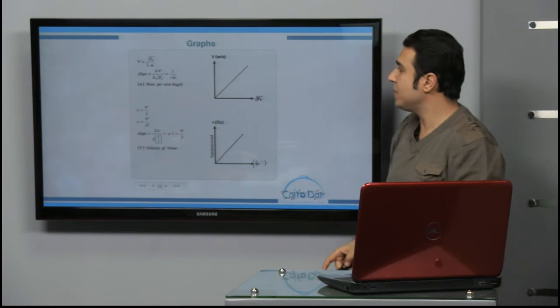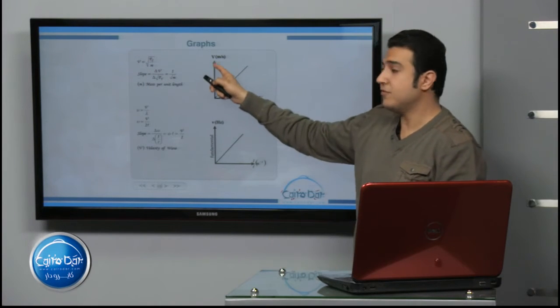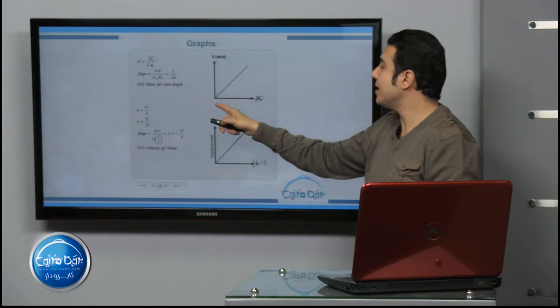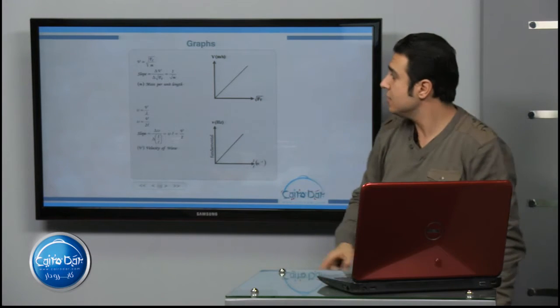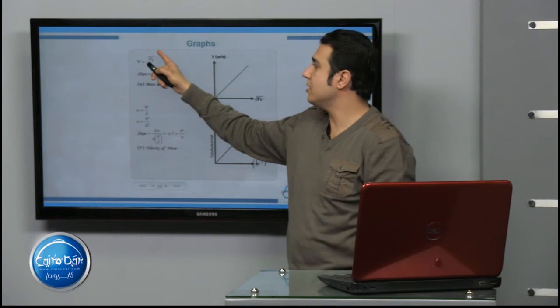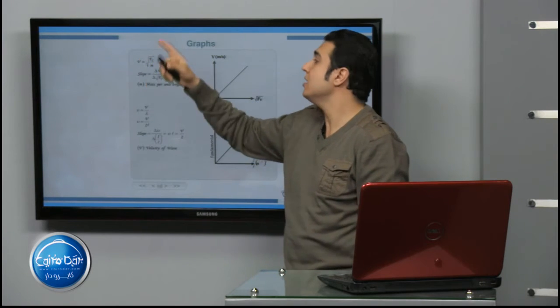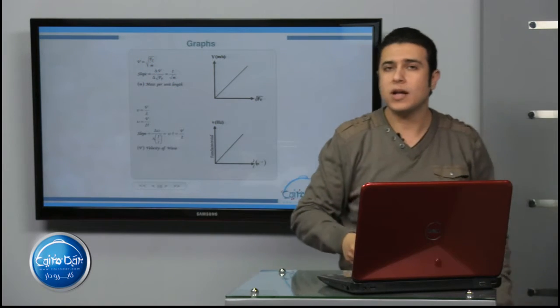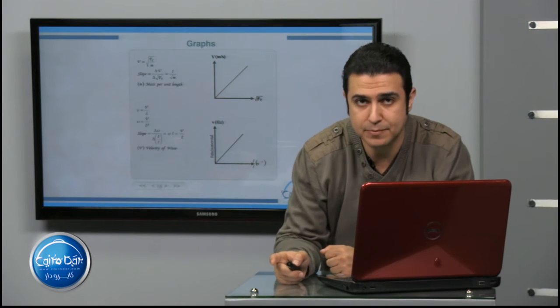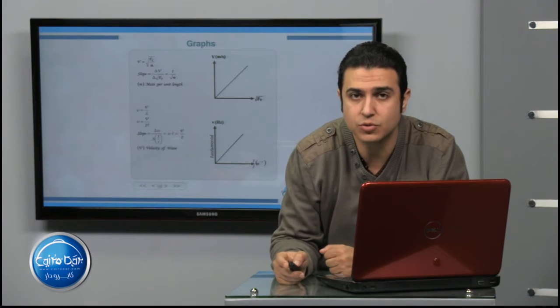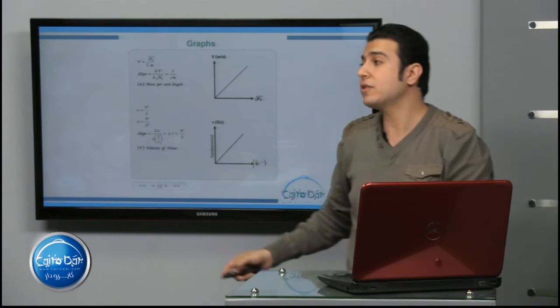So the slope here equals delta v divided by delta square root of FT. So v divided by square root of FT will be 1 over square root of m. That's the slope for the first graph.